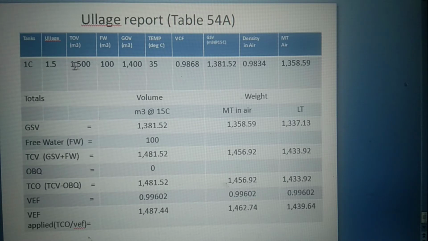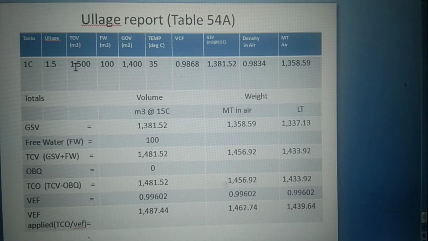Okay guys, this is called TOV, total observed volume. What you get from the ullage table is called TOV.